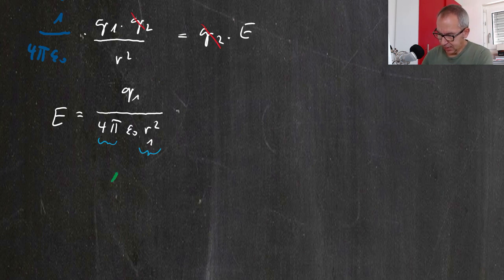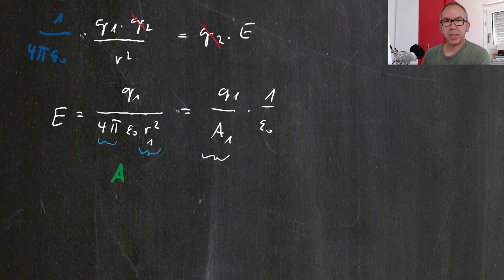This is just the area of a surface, and therefore this is Q1 over the area. We could also say 1 times 1 over epsilon 0, and Q over A is the surface density. So we have shown that this is sigma over epsilon 0, which was just the law to be shown.